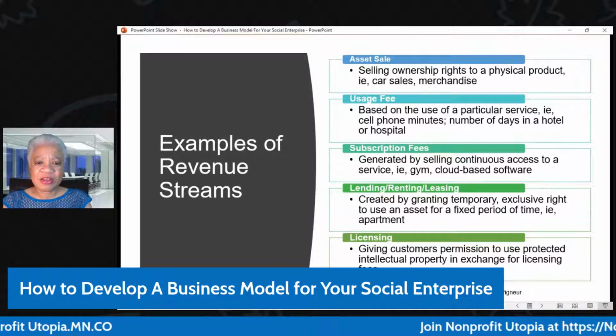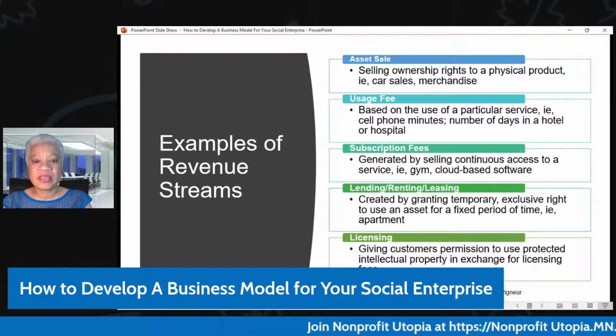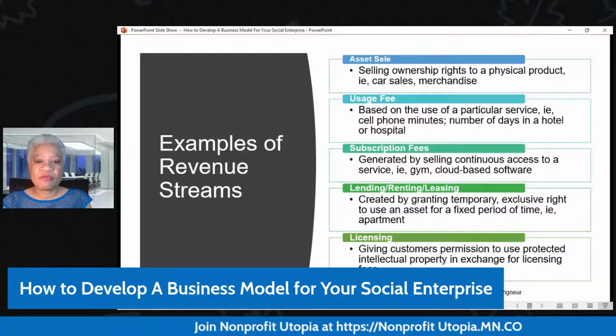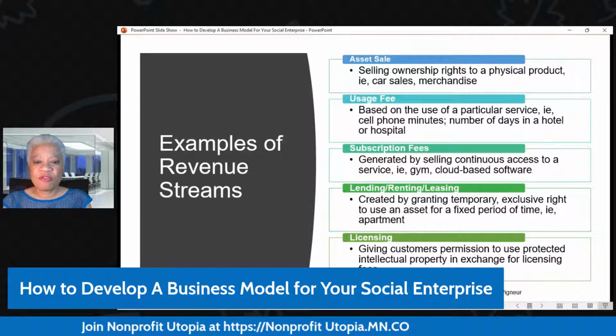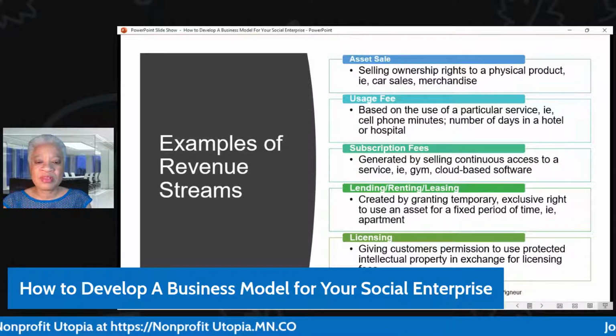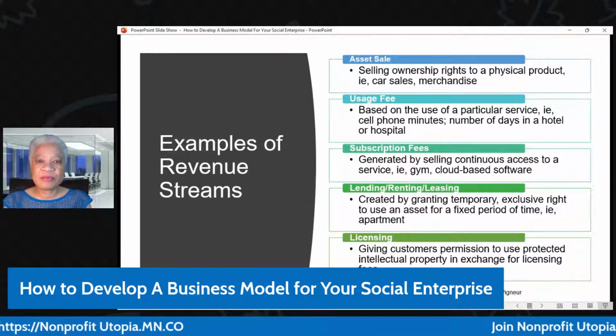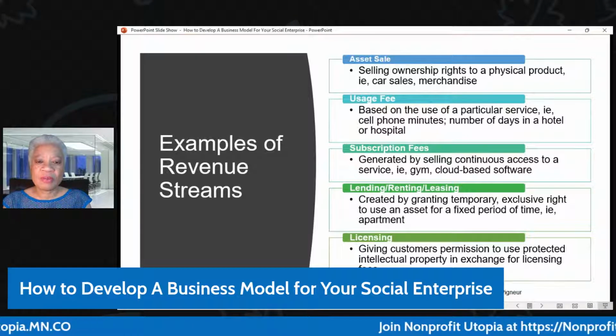Now this slide gives you a little bit more detail. You can get money from the sale of an asset, from usage fees, from subscription fees, from lending, renting or leasing, and from licensing.